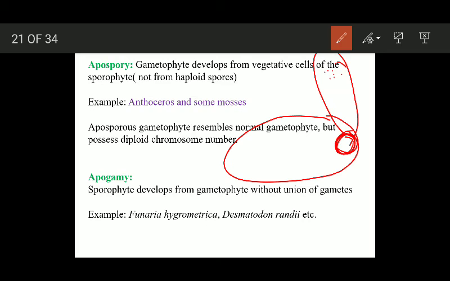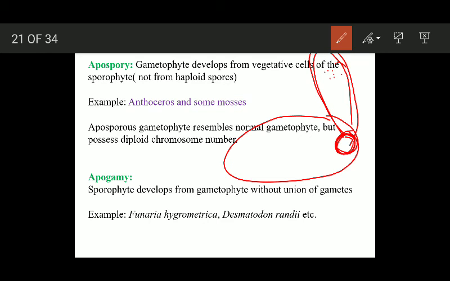Union of gametes is not there, but the sporophyte formation takes place. Such sporophytes which develop from the cells of the gametophyte without union of gametes are known as apogamous sporophytes.